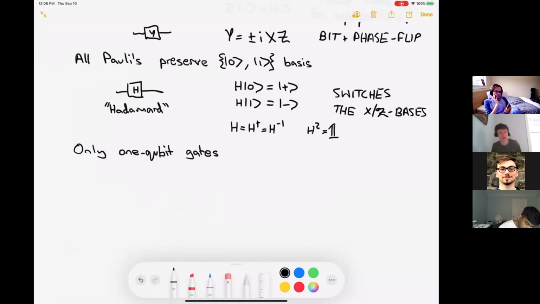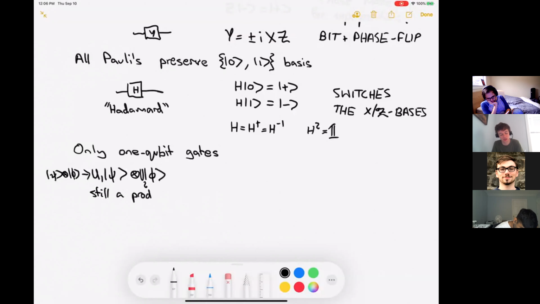Namely, if I start in some state psi tensor phi, and then I apply 1 qubit gates to each of them, this goes to U1 psi tensor U2 phi, it's still a product state. So just using 1 qubit gates, we have no way to create entanglement between different qubits.